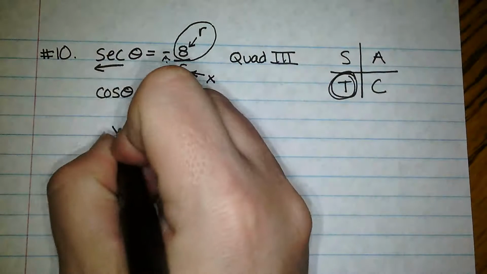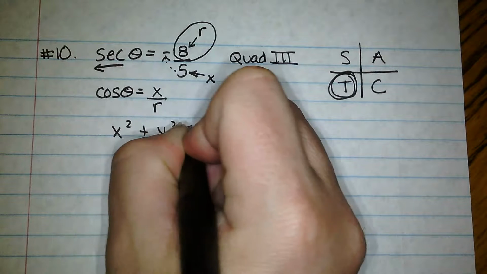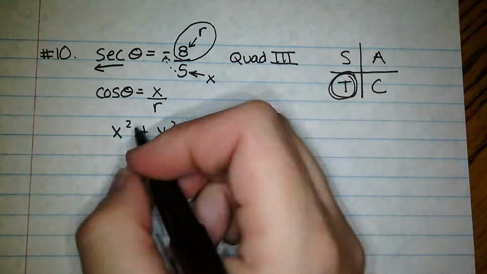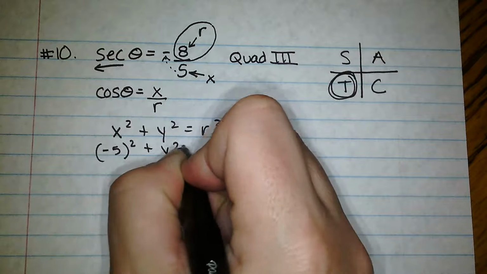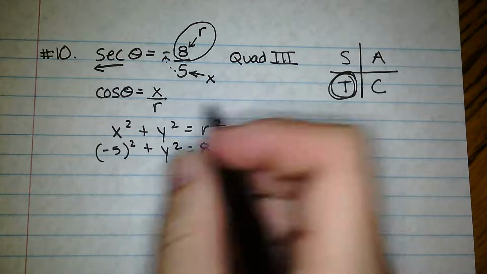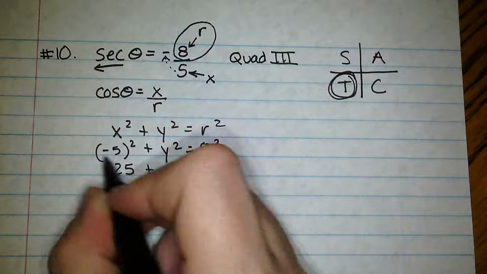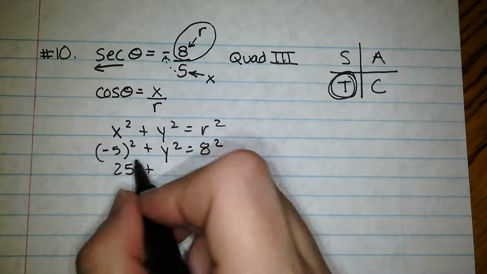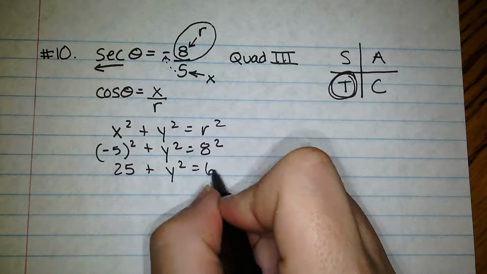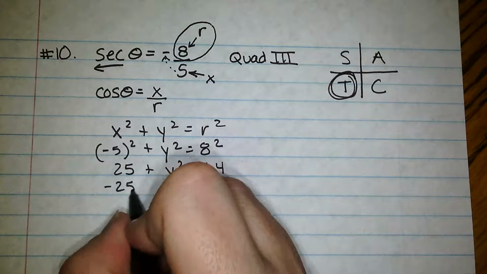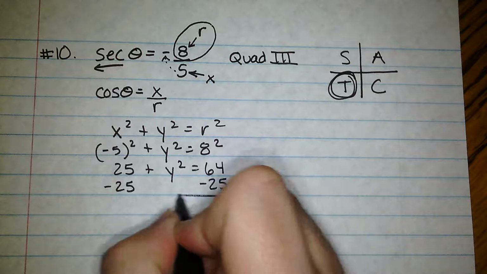So we're going to do x squared plus y squared equals r squared. -5 squared plus y squared equals 8 squared. This is 25, and it's positive because you're squaring a negative and squaring a 5. Squaring 8 is 64, and you're going to subtract so that you can get the y value.